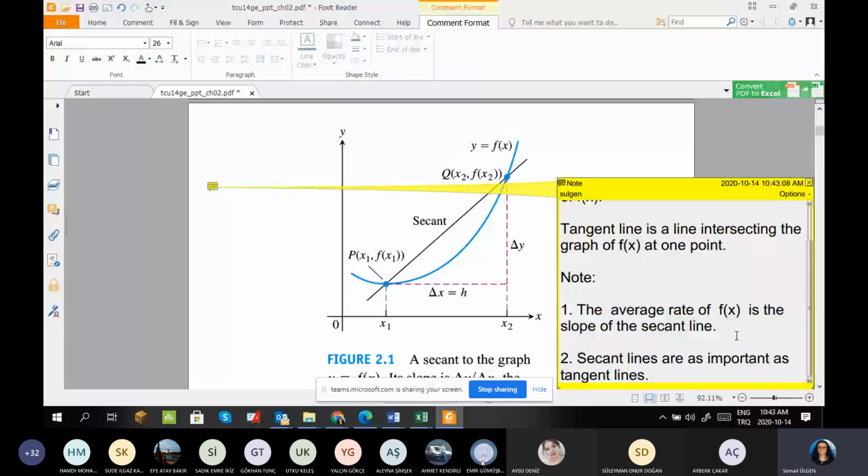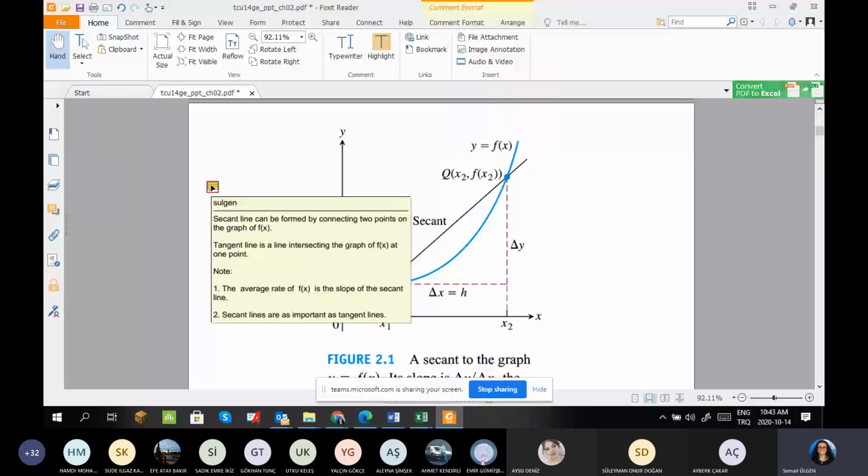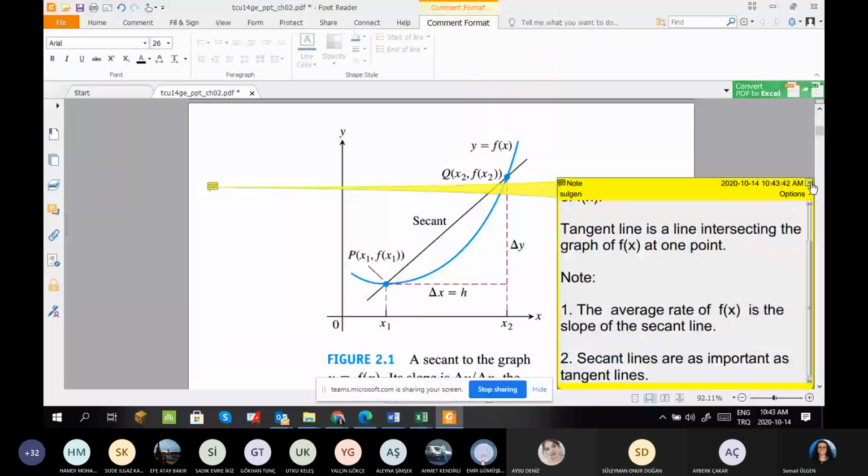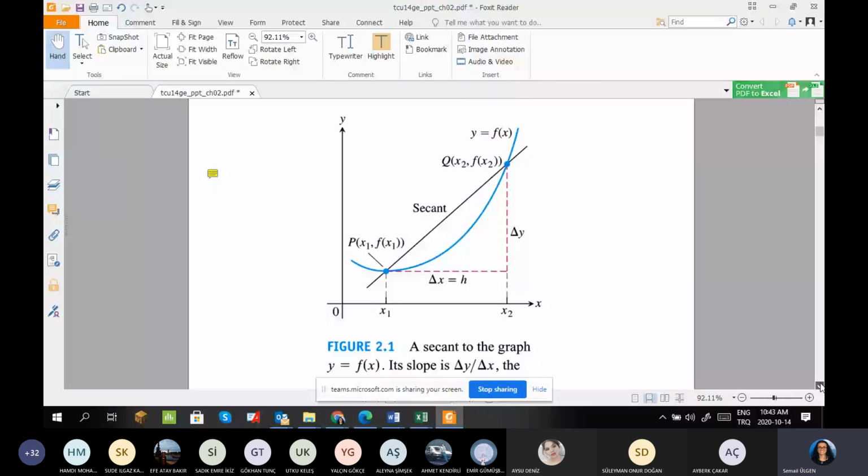If we didn't have secant lines, we wouldn't have tangent lines. You wouldn't be able to get to tangent lines without secant lines, so please keep this in mind. Okay, let's continue.